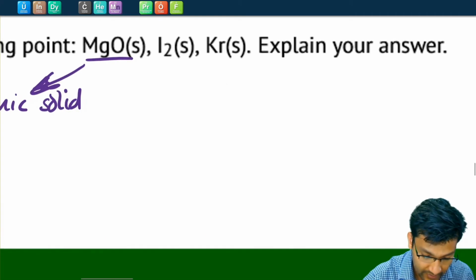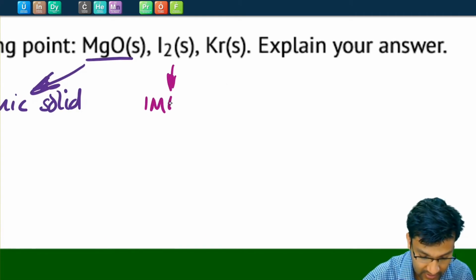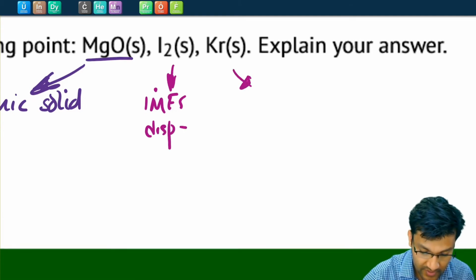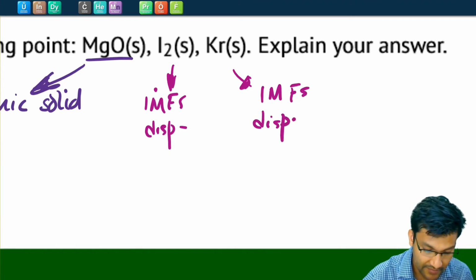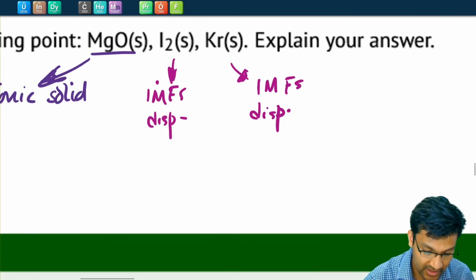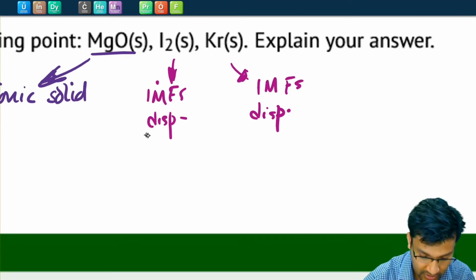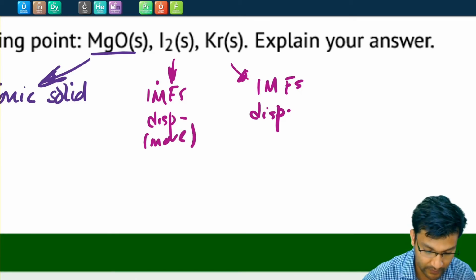I2, right? This only has intermolecular forces, specifically dispersion. Same for krypton, it doesn't form bonds, it's held together by intermolecular forces, again dispersion. If I were to figure out how much dispersion each of these would have, I2 seems to be a larger molecule, so this will have more dispersion.